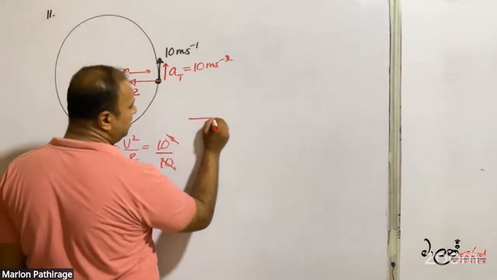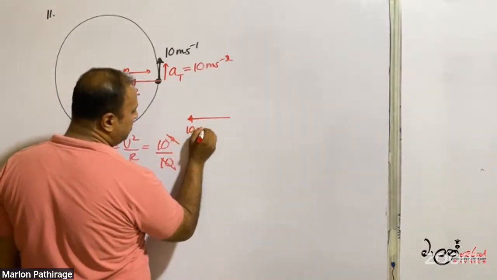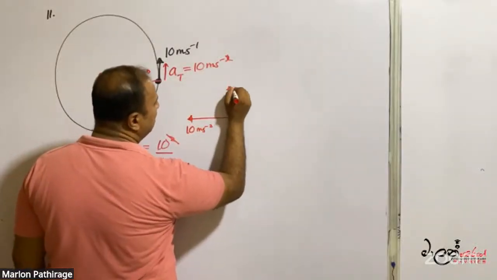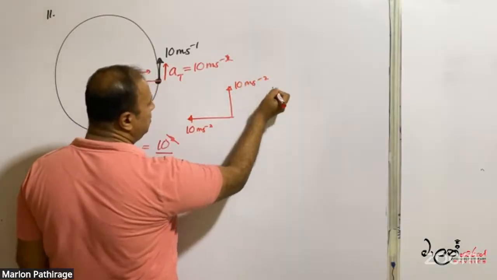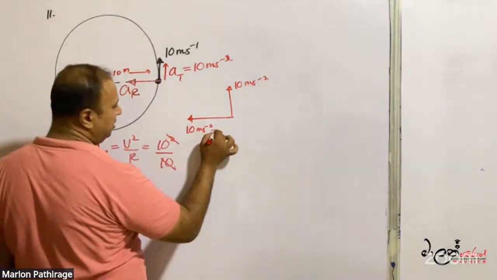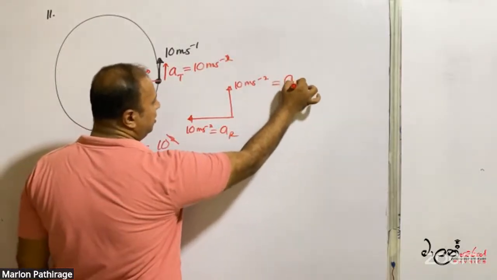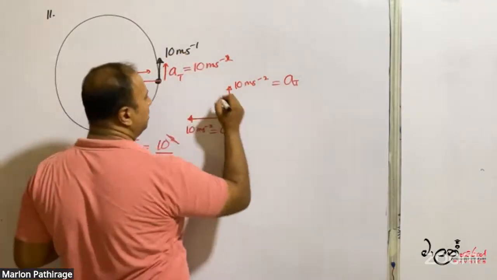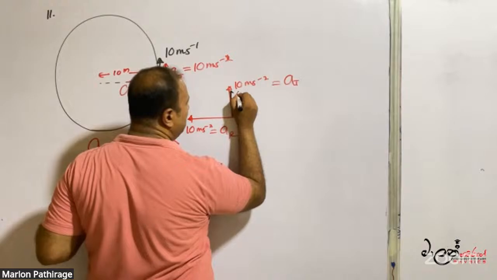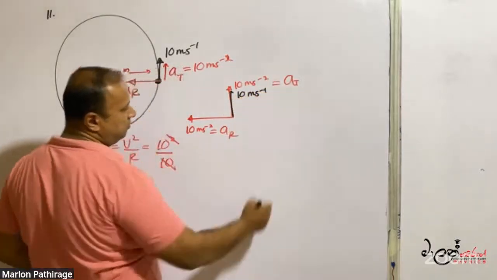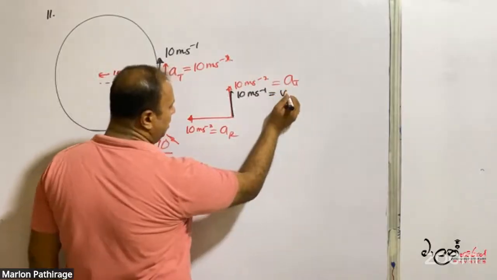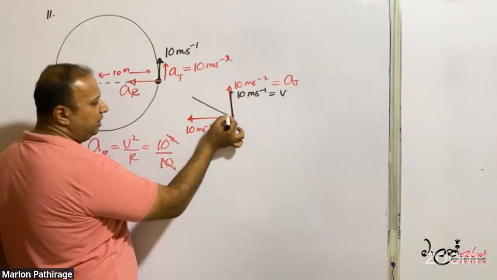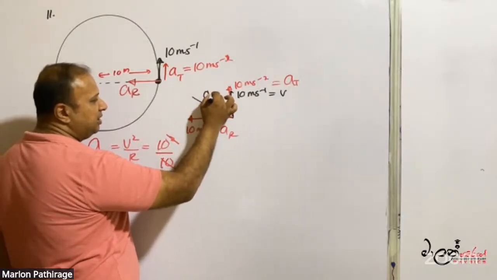Therefore, there are two acceleration components. One is 10 ms minus 2 in this direction, the other one is 10 ms minus 2 in this direction. Here, radial component. Here, tangential component. And the velocity is also in this direction, that is 10 ms minus 1.